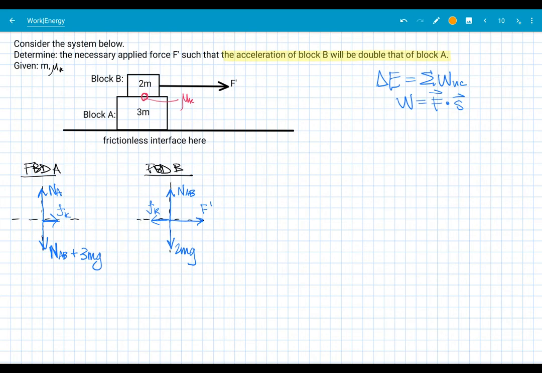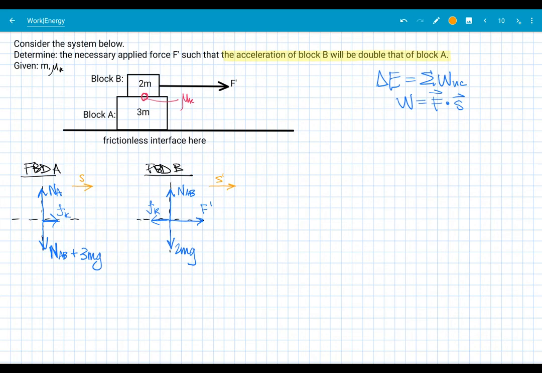So my displacements, I'm going to again kind of float those around. I have my displacements here, and they're both to the right. Again, this is fairly straightforward directionally here, but it allows you to see for block A that the kinetic frictional force does positive work, and for block B, the force of kinetic friction does negative work.